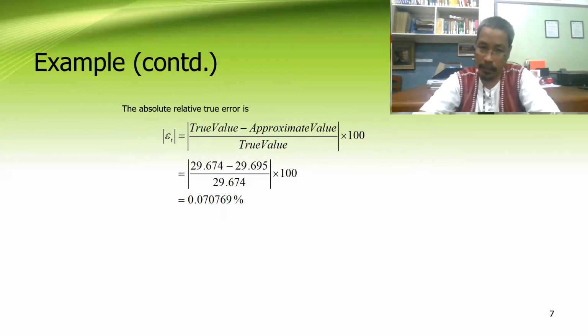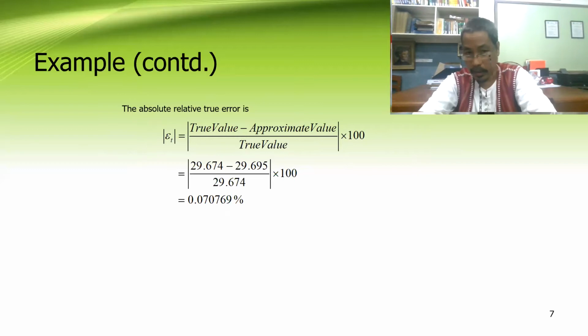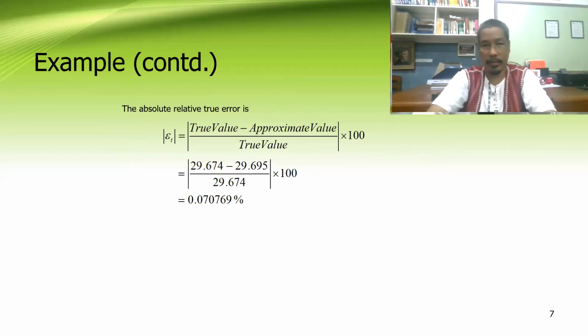And you can find out that the absolute relative true error is 0.070769%. It is even less than 0.1%. So very small. It is a totally acceptable value.